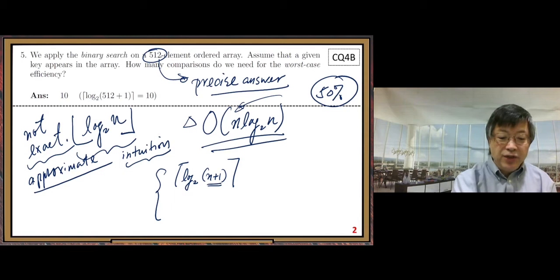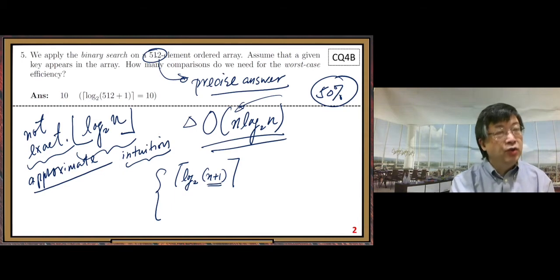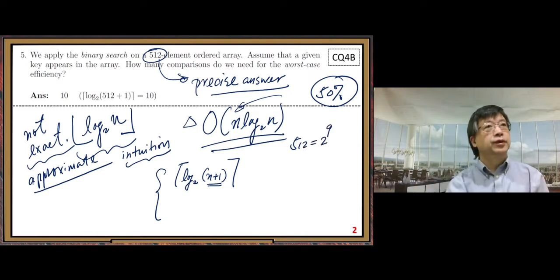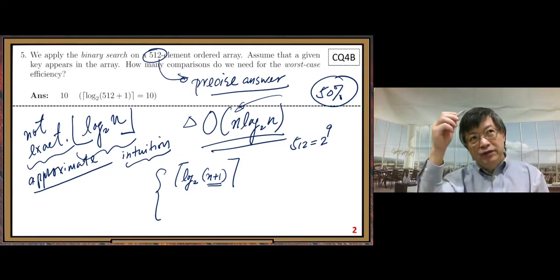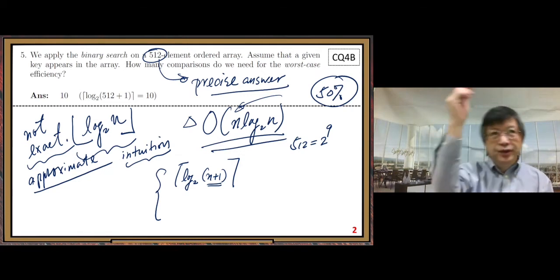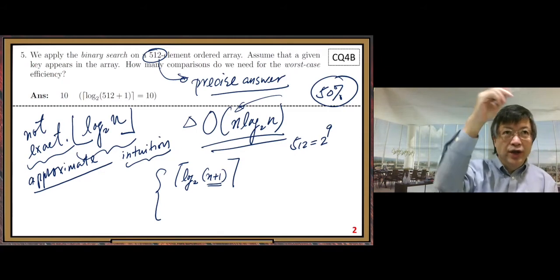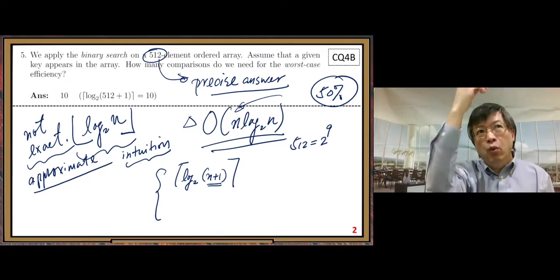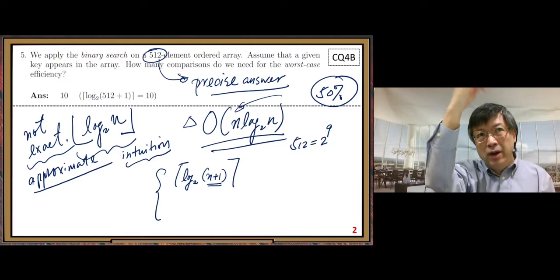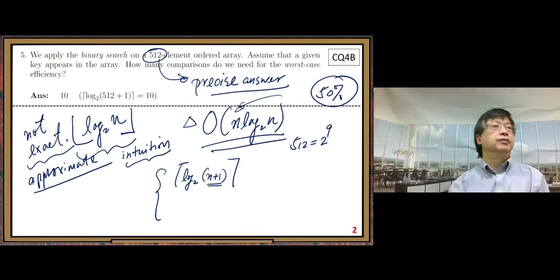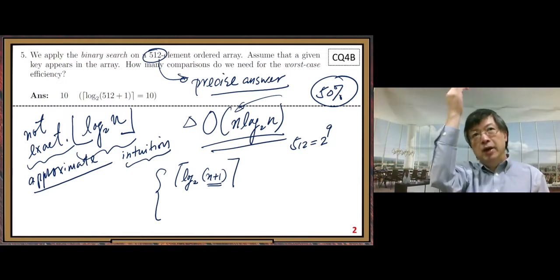That's the reason this number 512 equals 2 to the 9th power. After you add 1, you take the ceiling function, and you move to a number one bigger because you round it up.